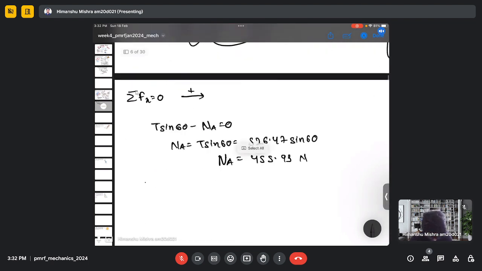If you do the force balance in the vertical direction, and the positive force I am taking in the upward direction, then I have T cos 60 minus weight plus friction force.